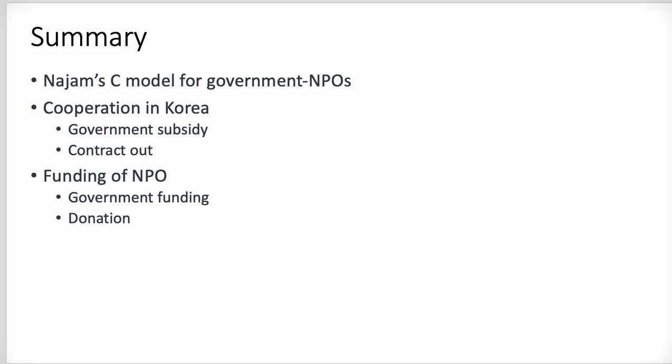That includes government subsidy and contracting out. And then we moved on to the discussion regarding funding of NPOs, which includes government funding and donation. And we took a look at the government funding part in depth.